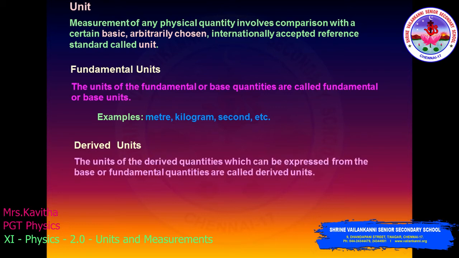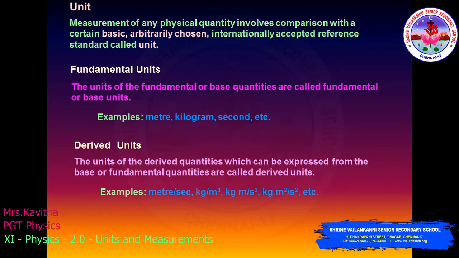What are derived units? See, the derived units are nothing but the units of the derived quantities which can be expressed from the base or the fundamental quantities. For example, you want to know the unit of speed, right? What is the formula for that? The formula is distance travelled by time taken.